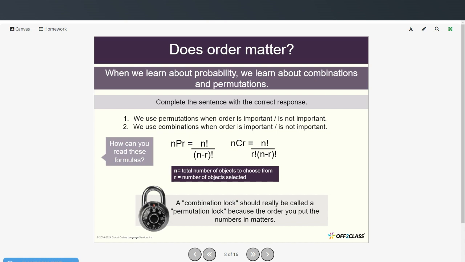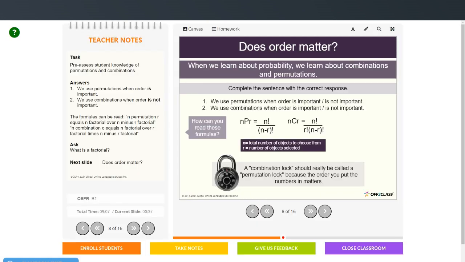So how can we read these formulas? Where n equals the total number of objects to choose from, and r equals the number of objects selected. So the formula is read, the n permutation r equals n factorial over n minus r factorial.